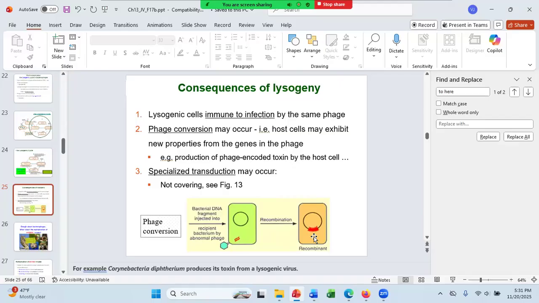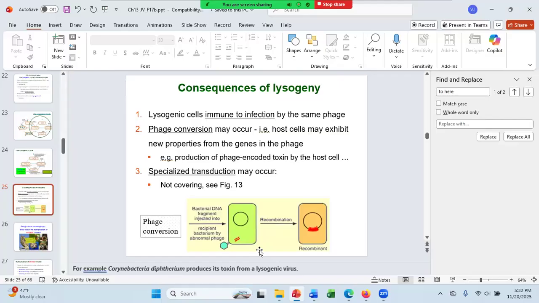The best example of that is the bacteria Corynebacterium diphtheriae. It does not produce the diphtheria toxin unless the cell has a lysogenic virus in it, because it's the lysogenic virus that includes the gene for the diphtheria toxin. Any question about any of that?